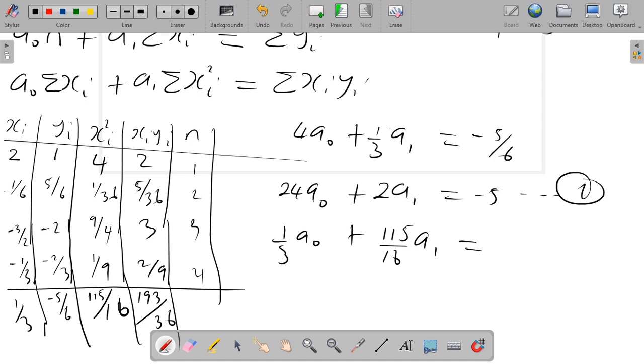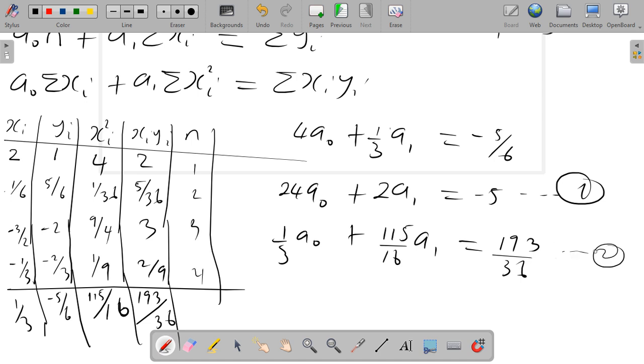Summation x and y, which is giving me 193/36. You see, I think 36 can go for everywhere, right? Check the LCM and multiply by the LCM to get your equation 2.